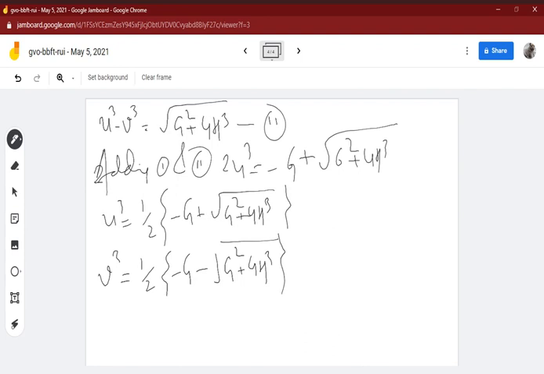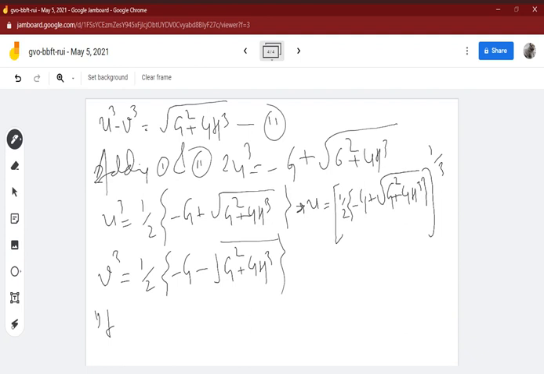Since this is u cube and v cube, from here you will get u equals half into minus g plus root over g square plus 4h cube, to the power 1 by 3.